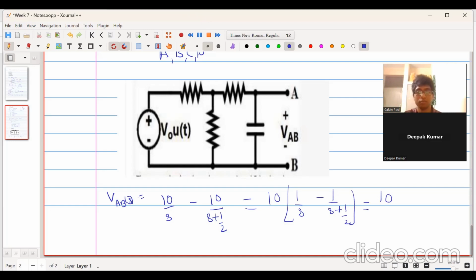Simplify this. What is the final equation? Ten by s, 10 by 2s square plus s.